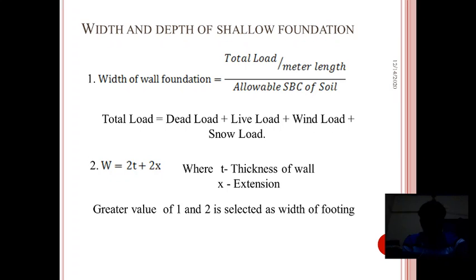Per meter length, if you want to calculate per meter length, then it will be converted into width of wall foundation. In the second formula, to calculate width of foundation, it is 2 times thickness of wall plus 2 times extension or offset. By comparing these two values 1 and 2, we select the greater value, so that will be the width of footing.